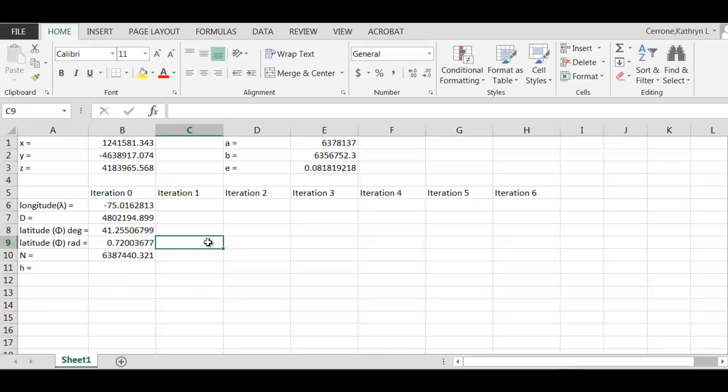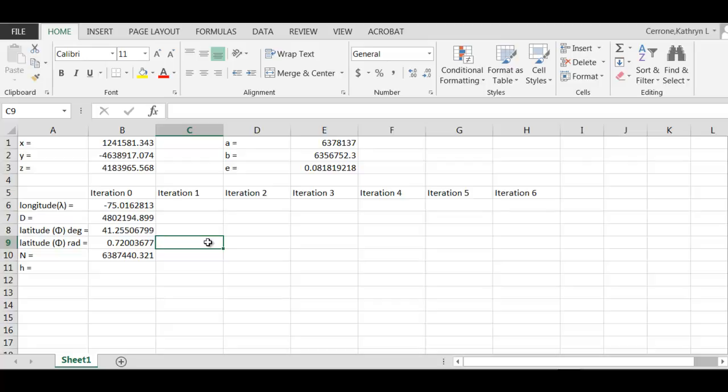Okay, so now we are going to go back and go on to iteration 2 for our latitude. Again, I'm going to go with a radian one here. We can figure it out as far as degrees go once we make sure that we have our differences negligible between iterations.